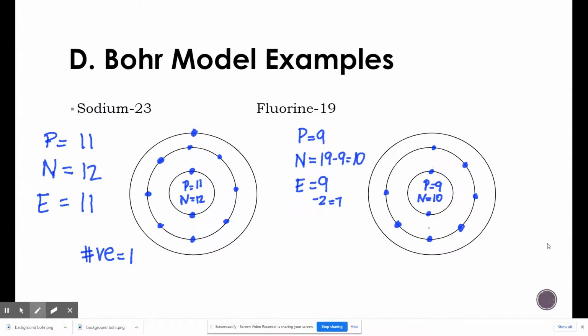Count it up, I have a total of 9 blue dots, for 9 electrons. So I'm done. If I ask you the number of valence electrons on this, there are going to be 7 valence electrons on that last shell.